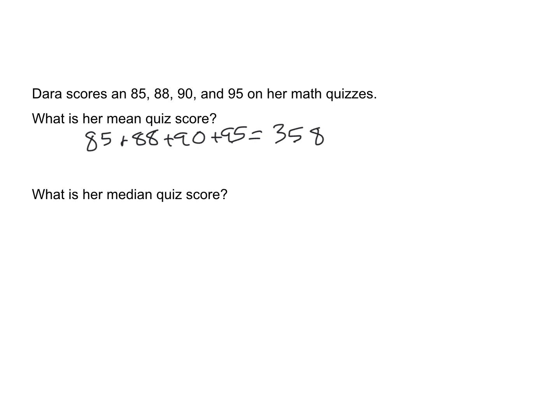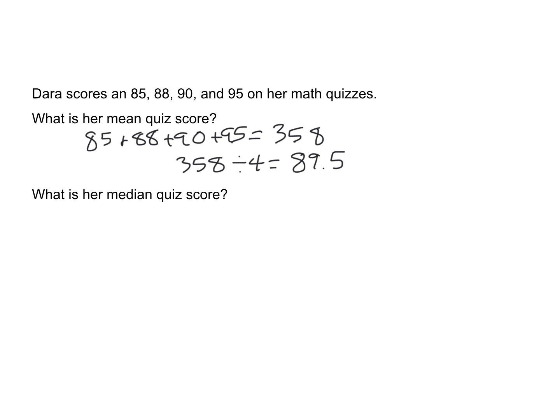And then we need to do 358 divided by 4, because that's how many quizzes she took. And that gets us to 89.5. So that was her mean quiz score.